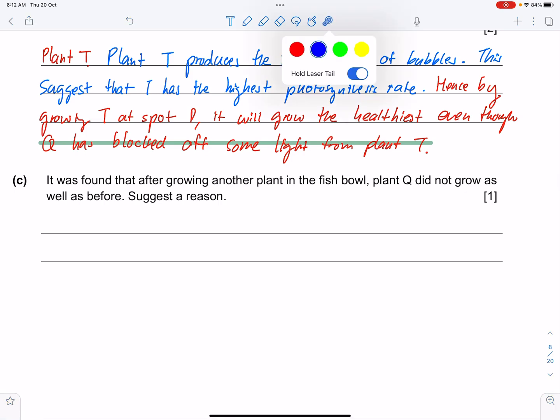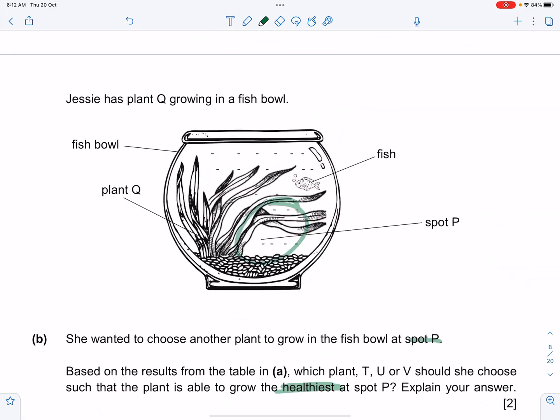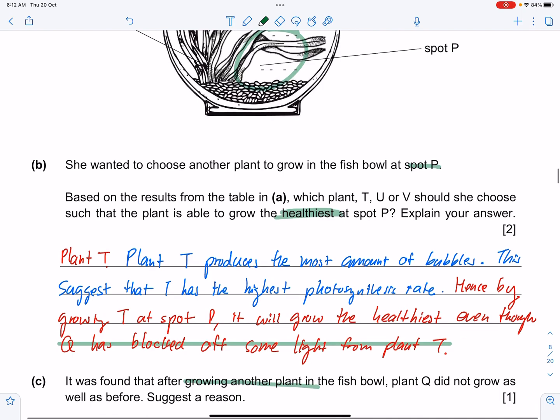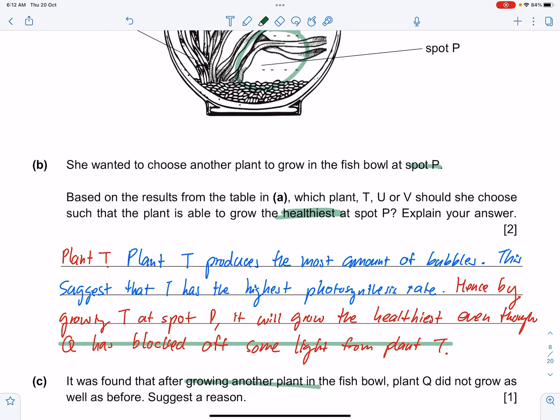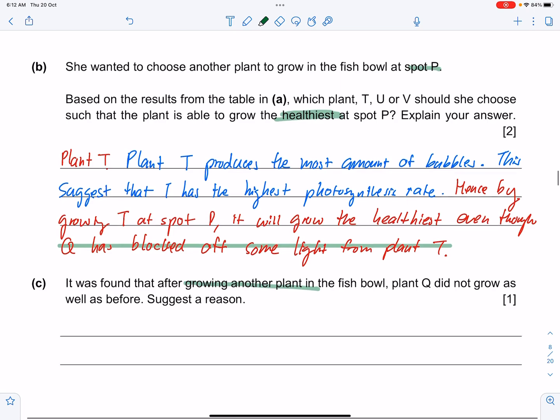Next, it was found that after growing another plant in the fishbowl, Q did not grow as well as before. It suggests a reason. So another plant, this would tell you that it's already quite cramped when you look at the space here. So this has got to do with overcrowding. Okay. Now for overcrowding, I always tell students, it is not sufficient to say reduce overcrowding. The golden standard will be to mention the overall effect, which is overcrowding.